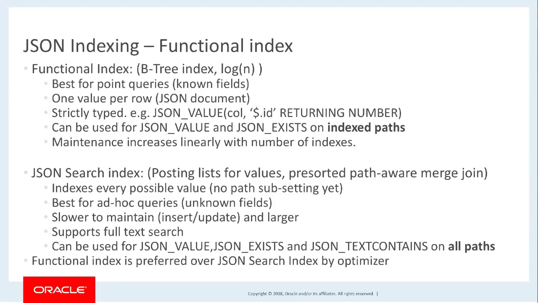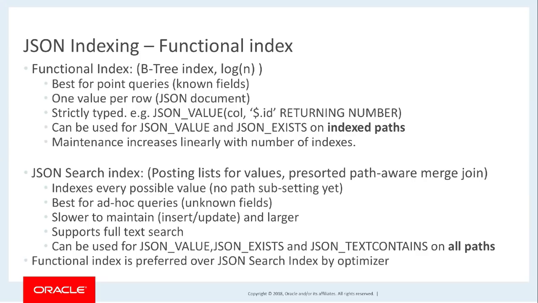So let's start again. I want to put side by side the functional index and the JSON search index. So the functional index requires you to specify which fields to index: the ID of a customer, the zip code of an address, etc. And we're executing a function, in this case a JSON value function, to extract one value per row or per JSON document.